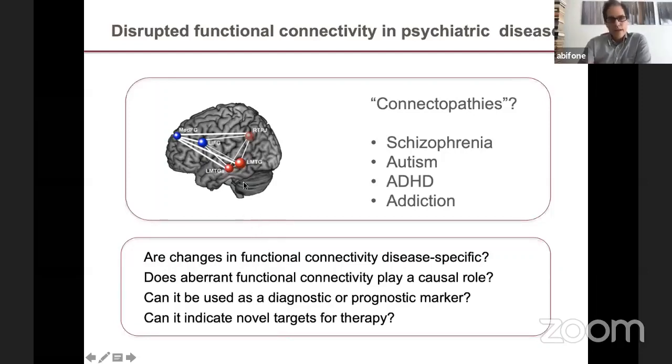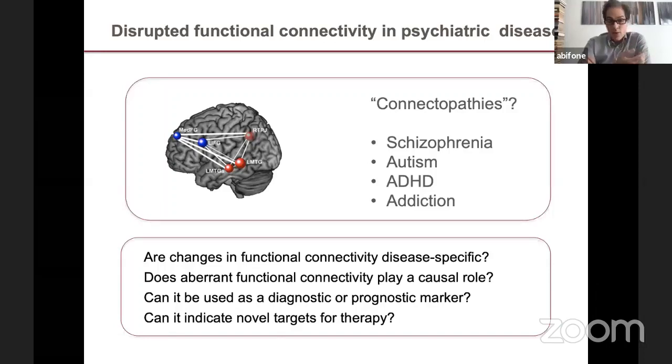These are intriguing observations, but can we conclude that these alterations in functional connectivity are disease specific? Are they robust enough to be used as diagnostic markers or prognostic markers? Do they play a causal role? Are they strongly related with the disease to the point that alterations in functional connectivity can be considered the causes of some of the symptoms of these diseases?